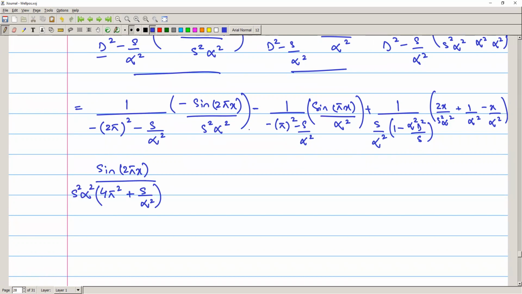And then this negative negative will also be positive, and we can write sine pi x divided by alpha squared times pi squared plus s over alpha squared, right?